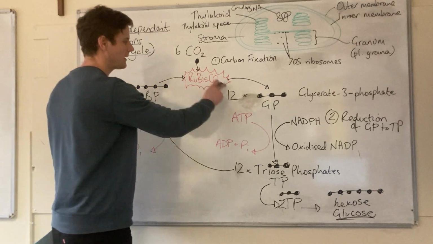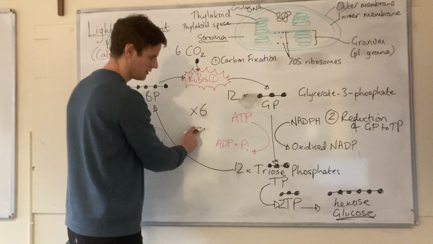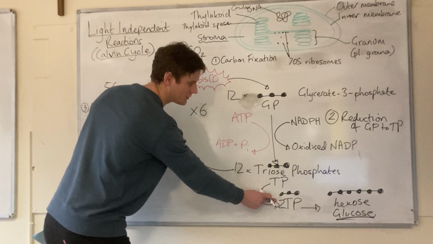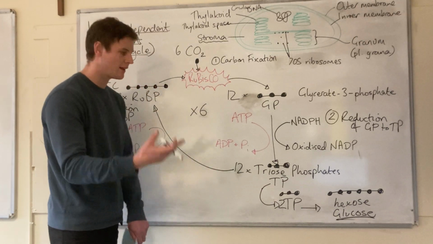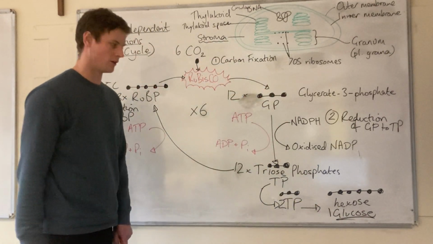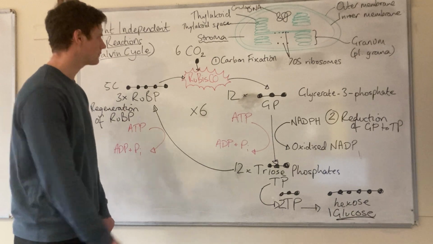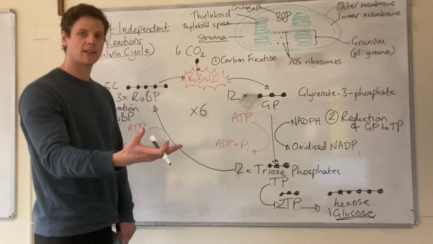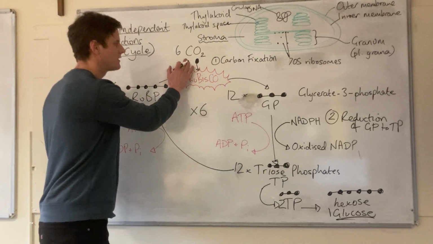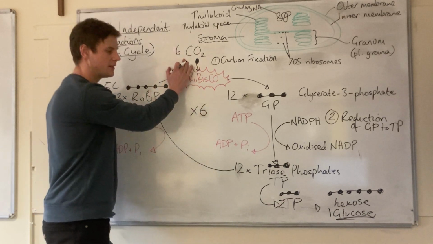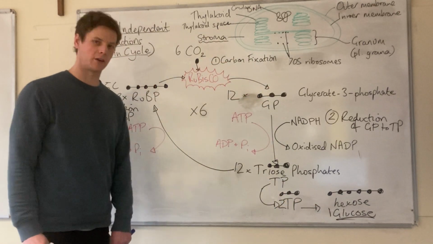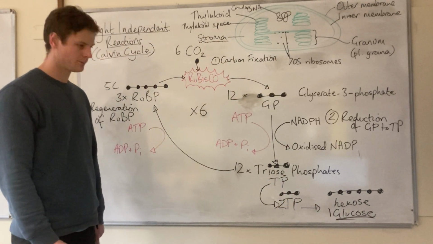Okay, each time this turns around 6 times, we can remove 2 triose-phosphates. Those 2 triose-phosphates can then be used to make 1 glucose molecule, a hexose sugar. So again, if we go back to that overall equation for photosynthesis, 6 carbon dioxides in, and we get that 1 glucose molecule being produced down there.